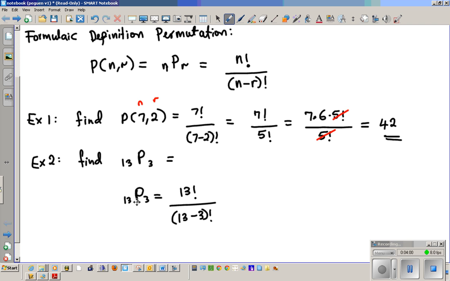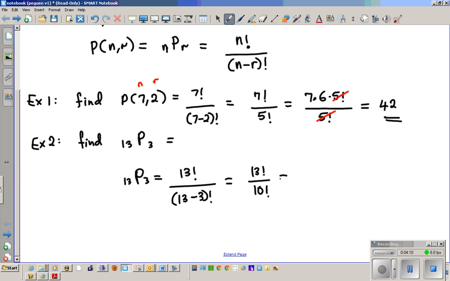One thing to remember is that the bigger one is always n, always, okay? Alright, so this is going to become 13 factorial over 10 factorial. So we're going to break this down. This is going to become 13 times 12 times 11 times 10 factorial, stop. And then divide that by 10 factorial, which was the denominator before.